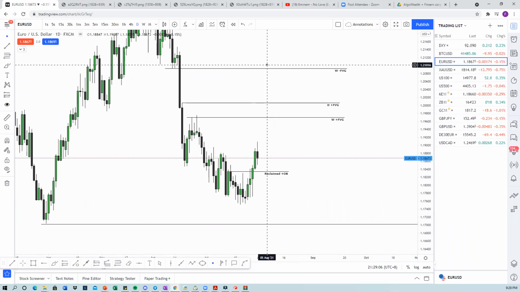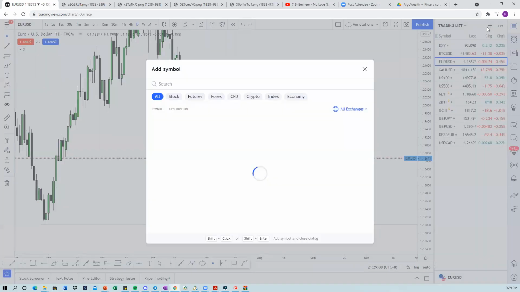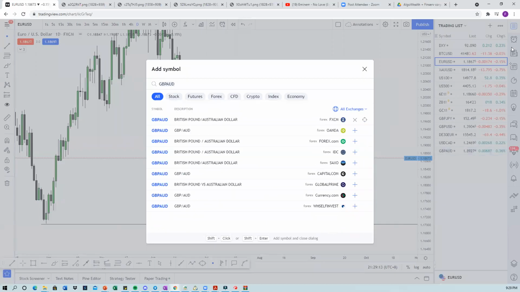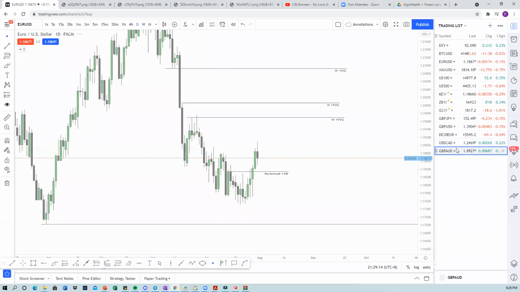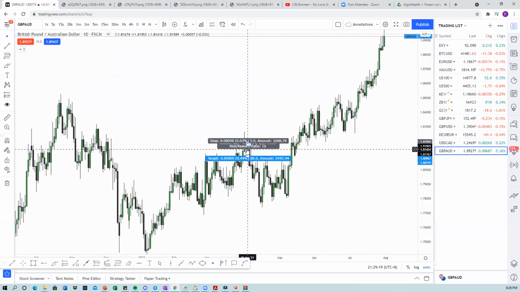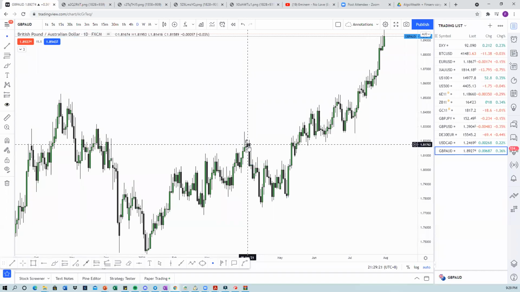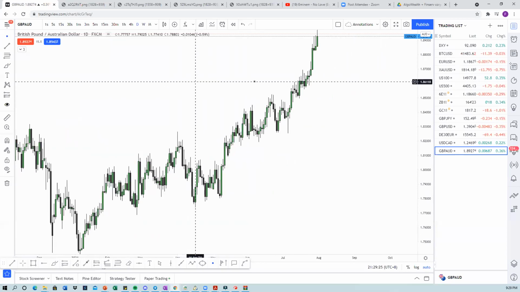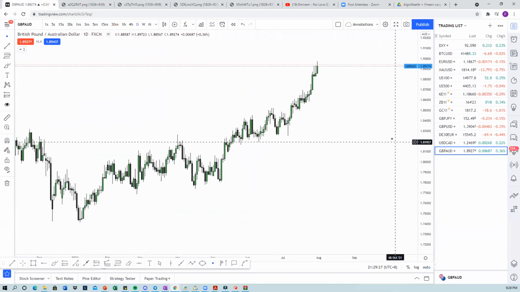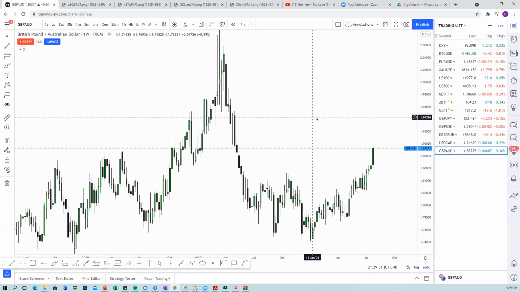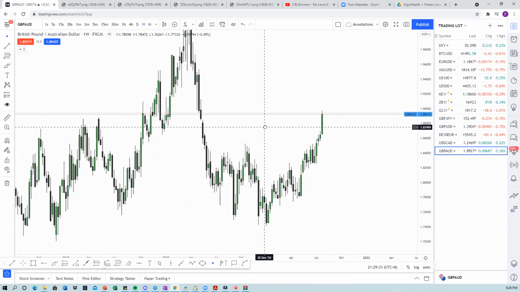GA, let's have a look. Right, GA weekly chart.